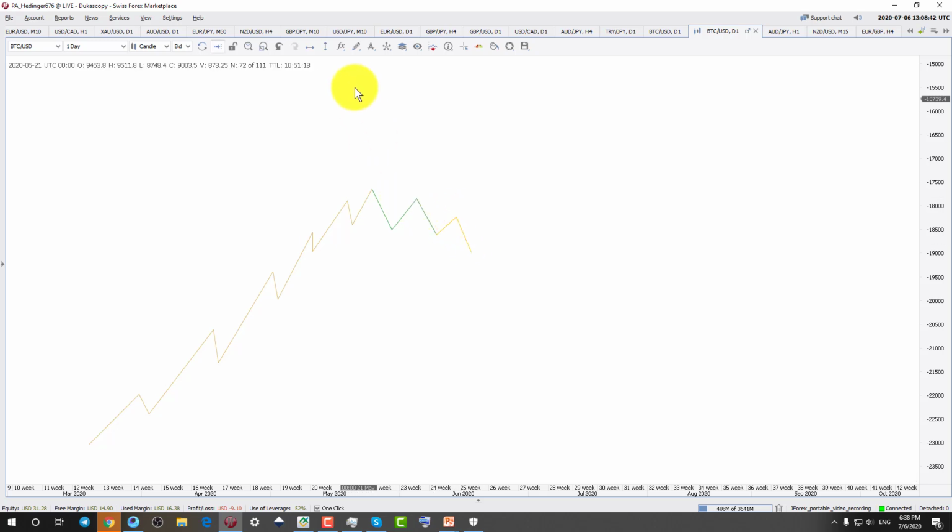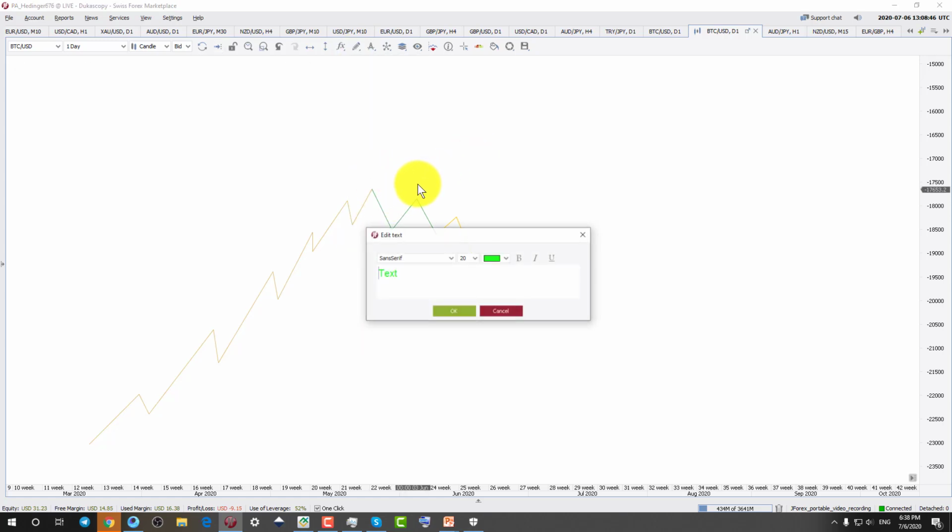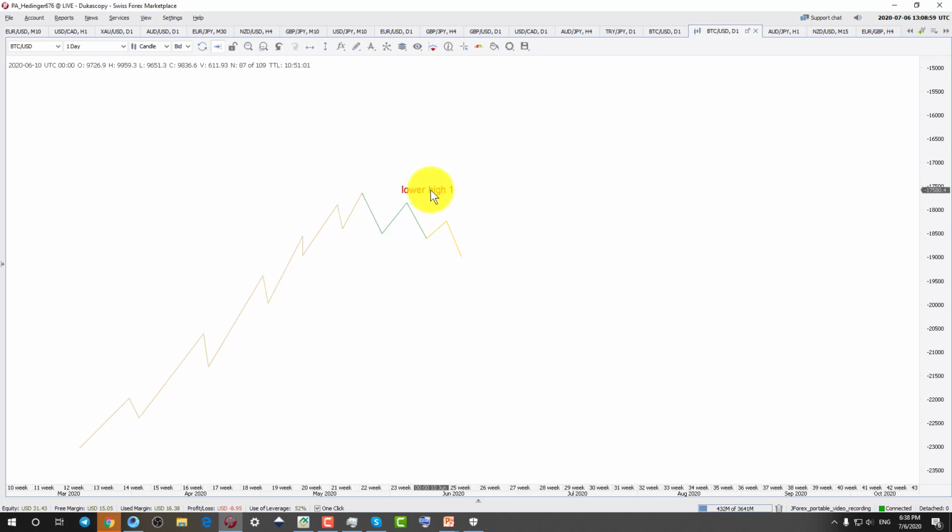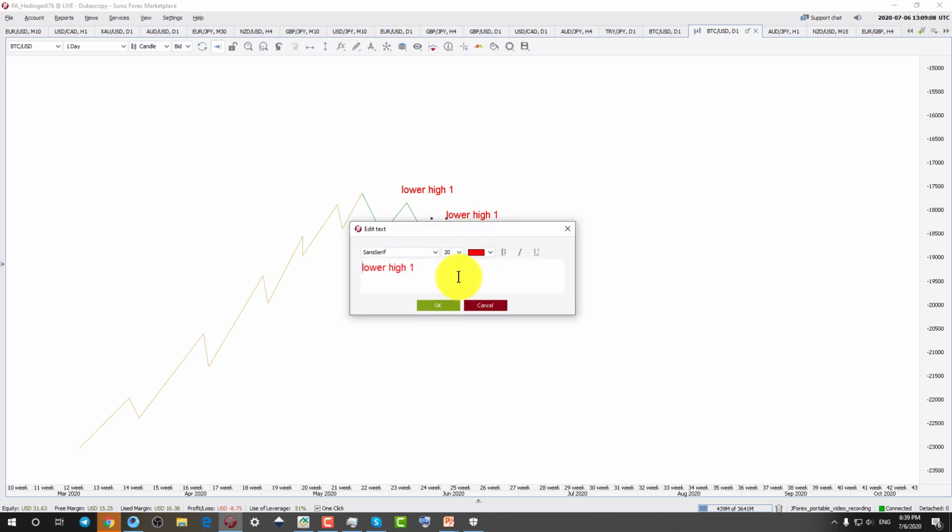So is it okay? We will mention it like this. Lower high 1, and lower high 2.